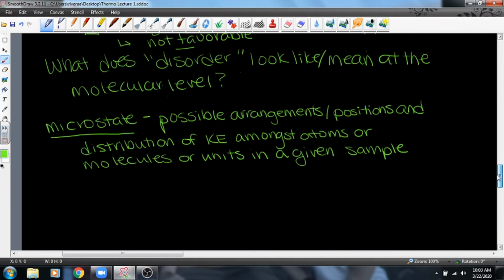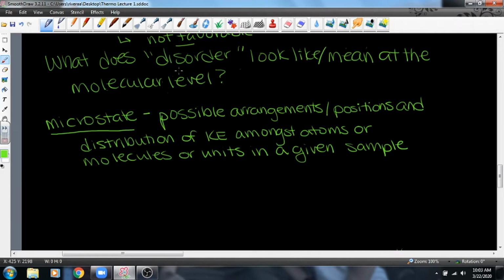We'll get through this. Okay, so what does disorder look like at the molecular level? What does it mean for molecules or atoms to be disordered? We as chemists call the possible positions or arrangements that atoms and molecules in a sample can have microstates. And hopefully you watched that little intro video that maybe confused you, but I think this conversation will help clear that up.